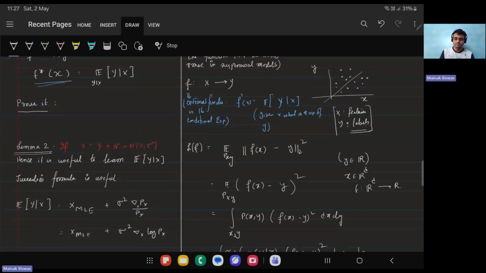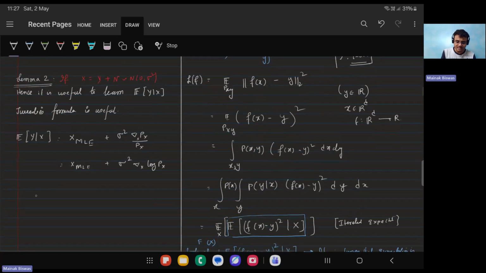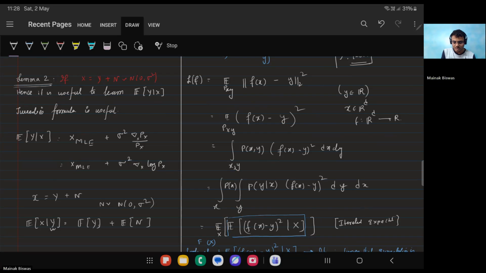It's another detour. Say x is equal to y plus n, where n is sampled from a normal 0 sigma square distribution. And we can clearly see that the expected value of x given y is the expected value of y plus the expected value of n. And y is given to me.